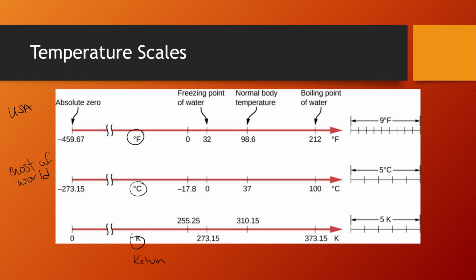So who uses Kelvin? Well, the scientific community uses Kelvin. And why is that? So let's go back a second and think about how we came up with, say, degrees Celsius. We came up with degrees Celsius by saying that the freezing point of water is 0 degrees Celsius.